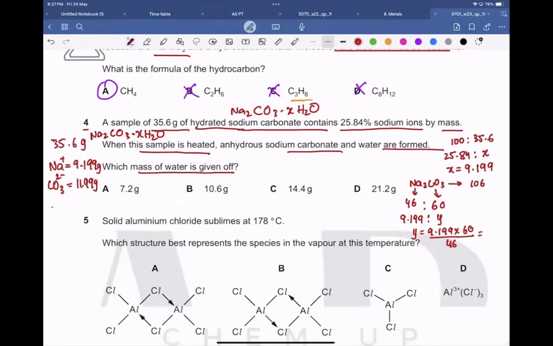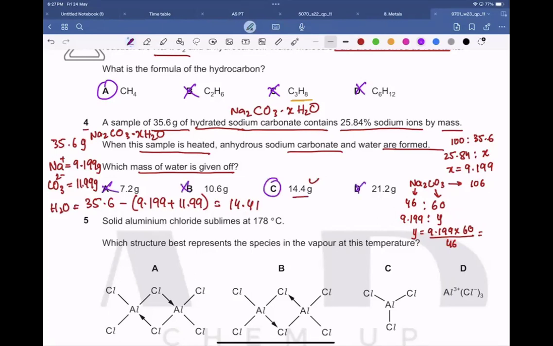The mass of water is equal to 35.6 minus (9.199 plus 11.99). Can anyone calculate it and tell me the answer? It's 14.41. So which means it's C. So A, B, and D go wrong and C is the correct answer. Is this clear?